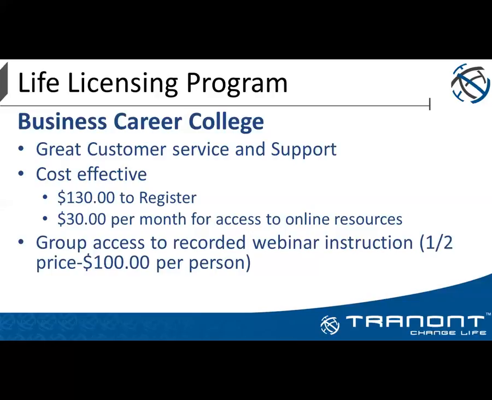So it's like you're sitting in the classroom, but you're instead watching it on your computer, and you can pause and review and rewind and that kind of thing. And we've negotiated that for our team at half price. So it's $100 per person instead of $200 per person for access to that. So if you are the type that needs some help, you need an instructor instead of just self-learning by reading the book or the modules yourself, that would bring your cost up to $260.